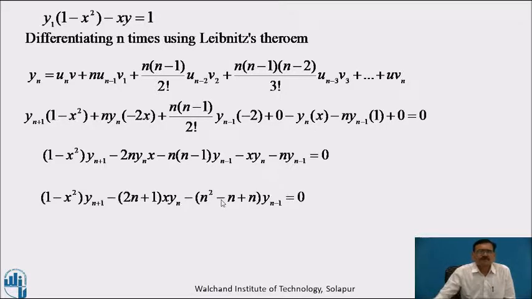Now further simplifying, this is a single term, we can write 1 minus x square into y suffix n plus 1, and now here taking x yn common from this term and from this term, and also minus sign common, and here it will remain 2n, and here from this one we get plus 1, because you have taken minus sign common and x yn also common, that is minus of (2n plus 1) into x yn.